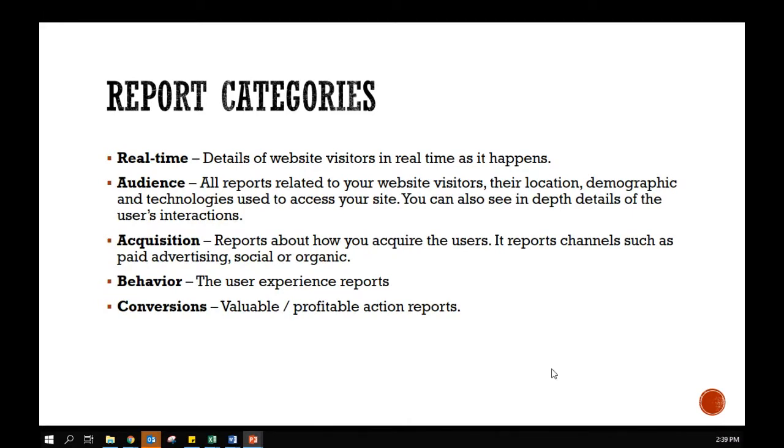Audience: all reports related to your website visitors, location, demographics, technology used. In fact, you can also see which platform they're using, iOS or Android, and which device, maybe iPad, phone, or desktop. Those information are also captured.